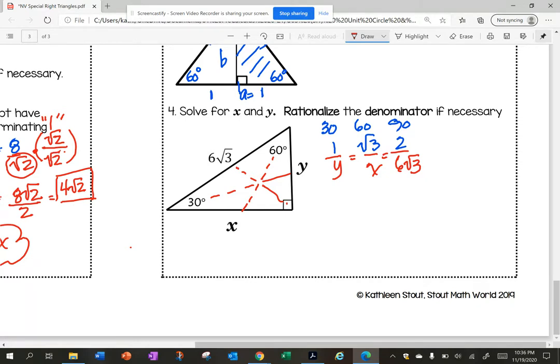So I want to set 2 together and solve for a variable. Clearly I need to use the fraction under the 90 degrees because I only want to have one variable. So I have to use 90 first. To set up for solving for x, it doesn't matter which one, but I'm going to say the square root of 3 over x equals 2 over 6 times the square root of 3. So I'm going to cross multiply.